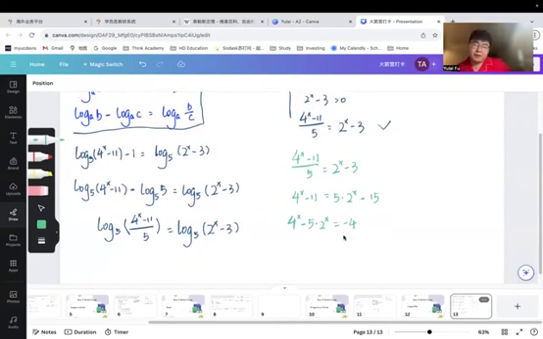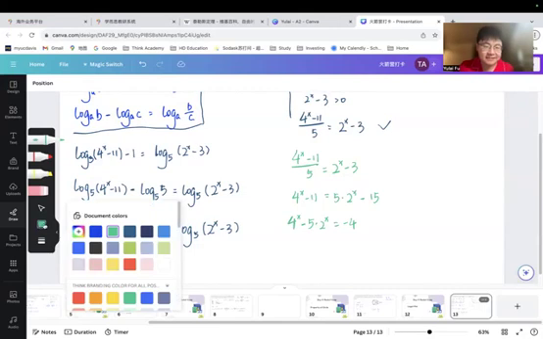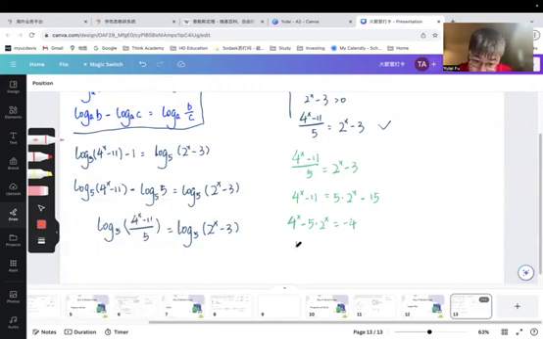Then our question changes to how to solve this exponent equation. What is the relationship between 4 to the power of x and 2 to the power of x? 4 to the power of x is equal to 2 to the power of 2x.